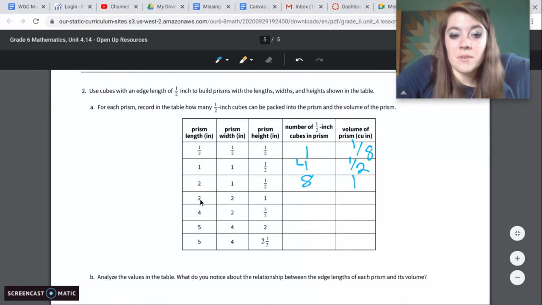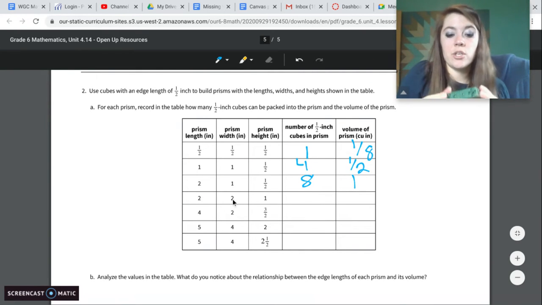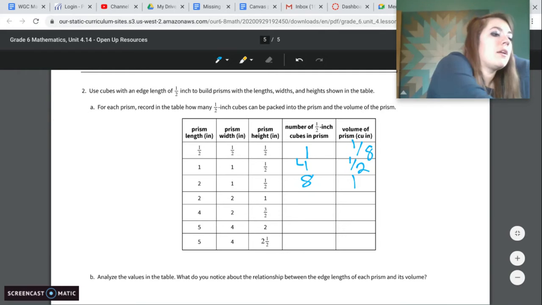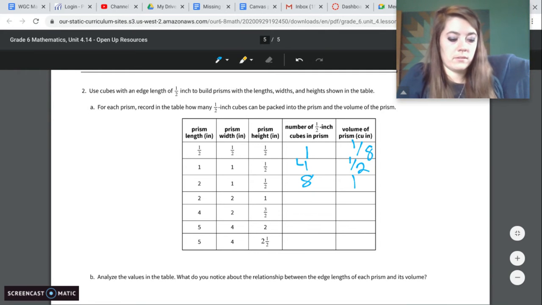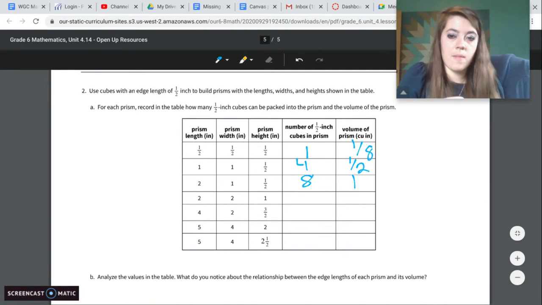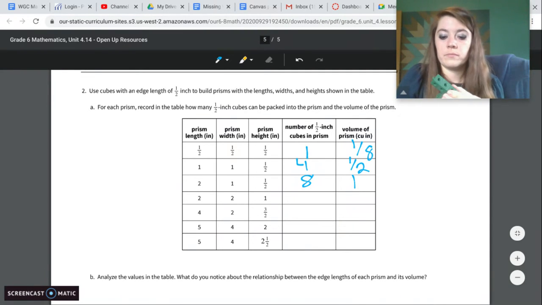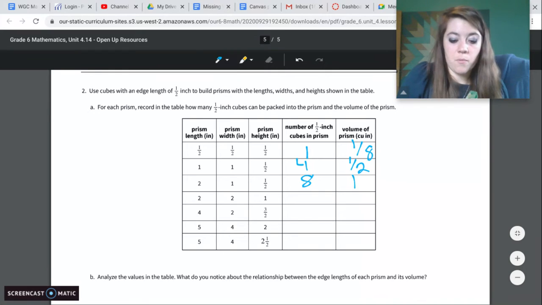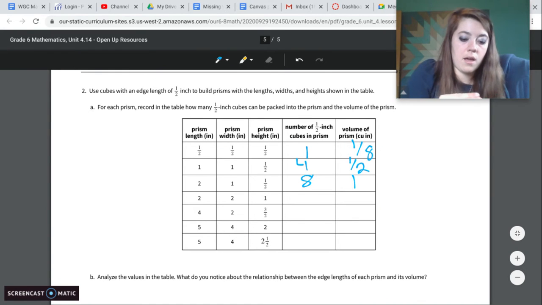All right, now this next one, it's going to be 2 by 2. So we've got our 2 inches. Now we need to add 2 more to get our width of 2. So we've got 2 by 2, and then it's going to be 1 high.